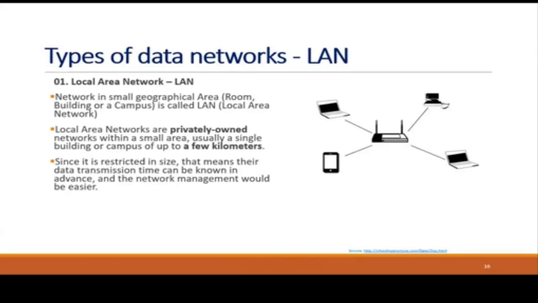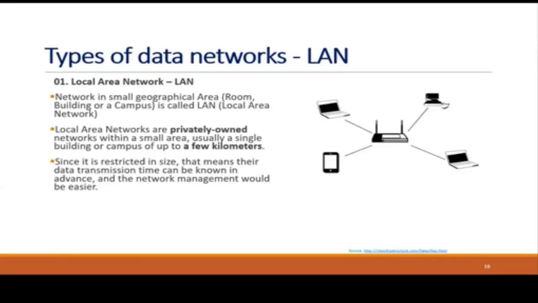Like if you consider SLIIT Malabe, even though we have a number of buildings together, the Malabe campus is also a LAN, right? So it's in a small geographical area. LAN has to be in a small geographical area. That is number one quality of LAN, small geographical area.